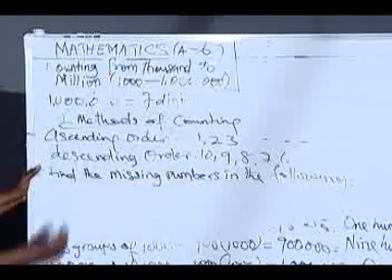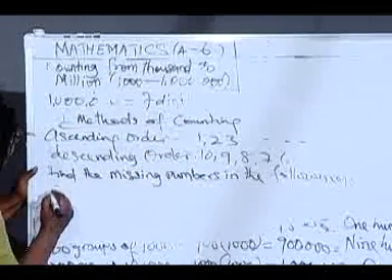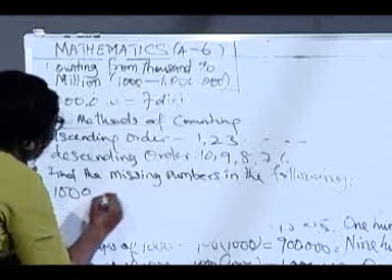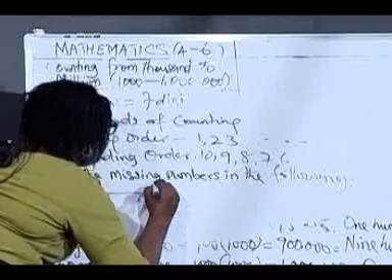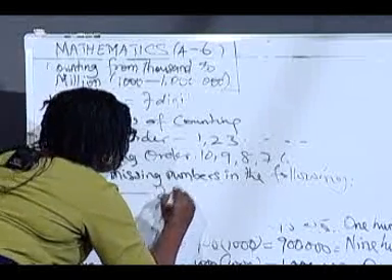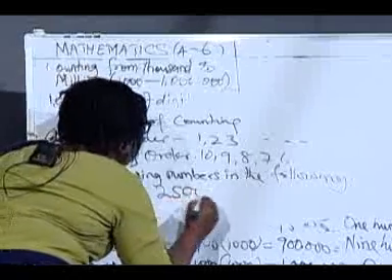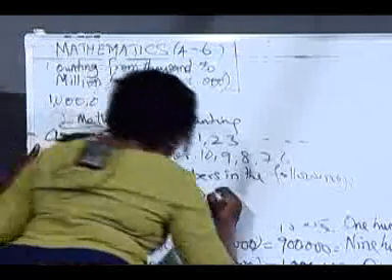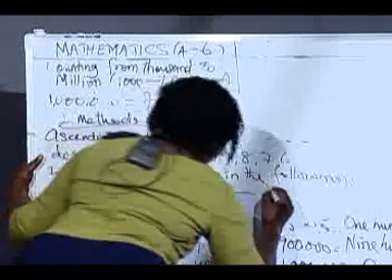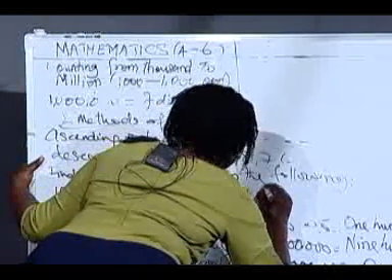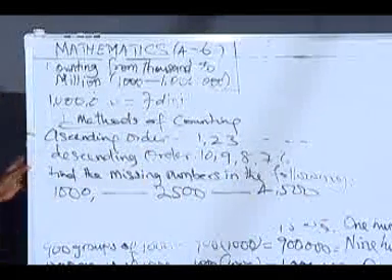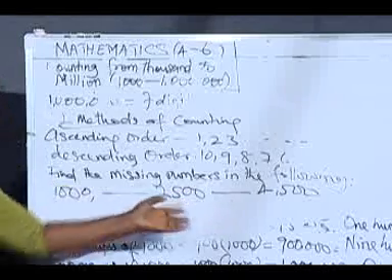Question like this, and then the missing numbers: 1,000, dash, 2,500, dash, 4,500. We are looking for these missing numbers.